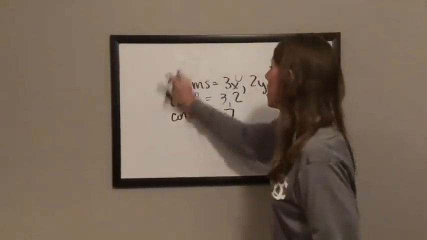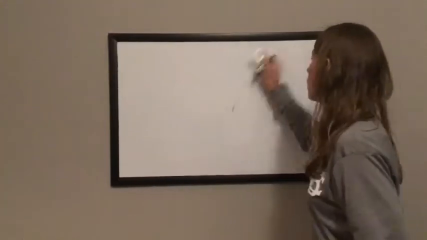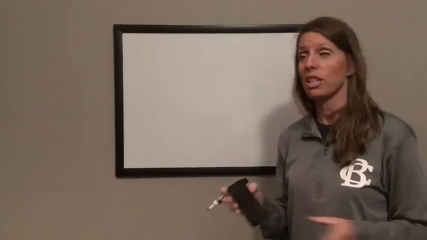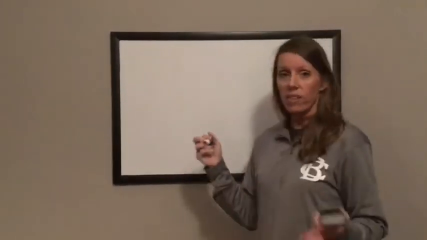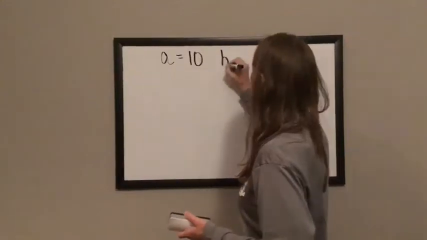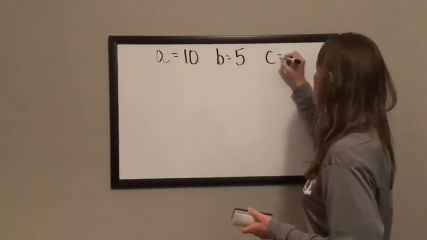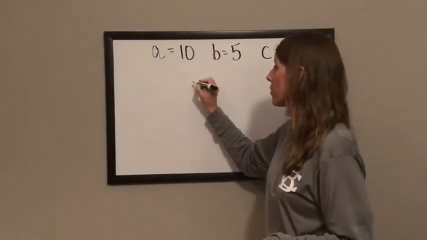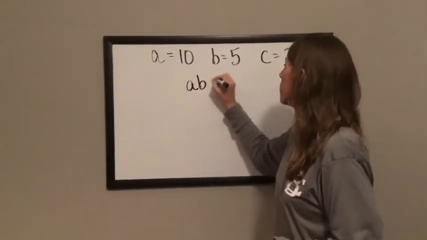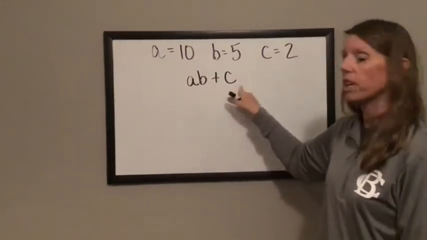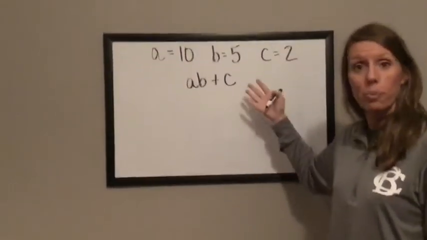For Monday, another thing we learned, which is going to bring us into what we're going to do today, is how to evaluate an expression when a variable is given a value. So let's say that I tell you that A is 10, B is 5, and C is 2. And so I might ask you to evaluate this expression, AB plus C. What that means is you take the value for each variable, fill it in, and then use PEMDAS to solve it.